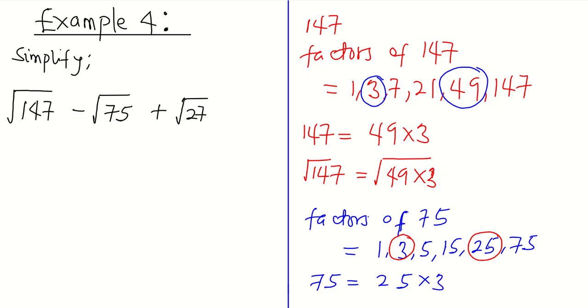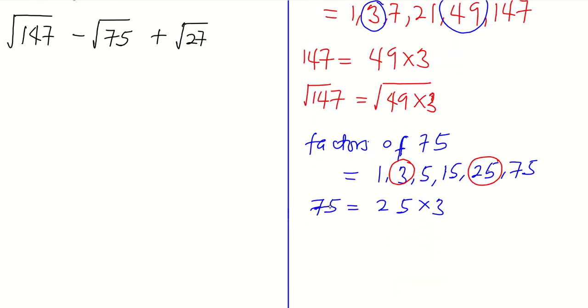So if now we are saying that we have square root of 75, then we should get square root of 25 times 3. That is all square root.